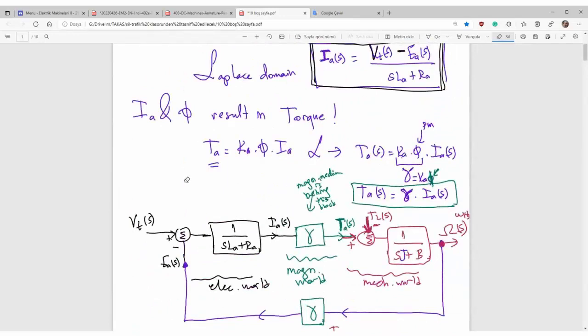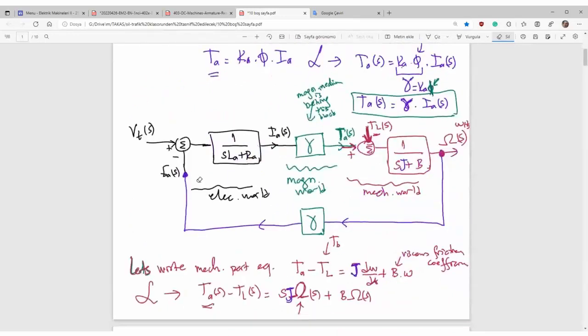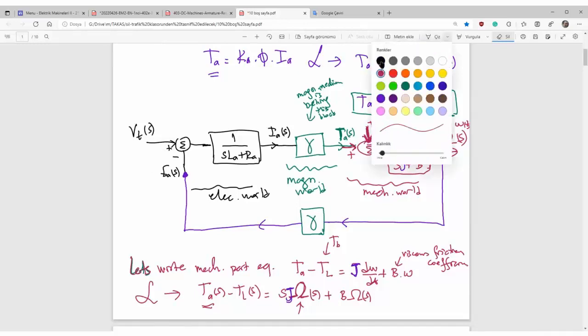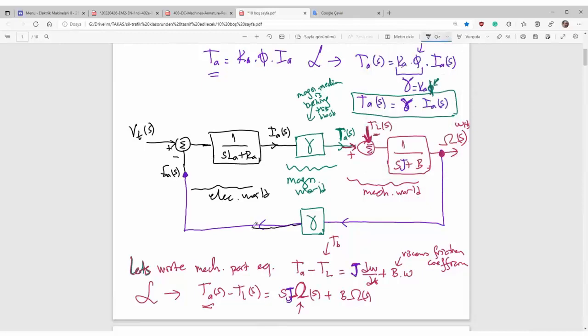Okay, I have just introduced all those different worlds and how they interact with each other. Here is the electrical world given in black. Excuse me, here's one more black. This is also black.